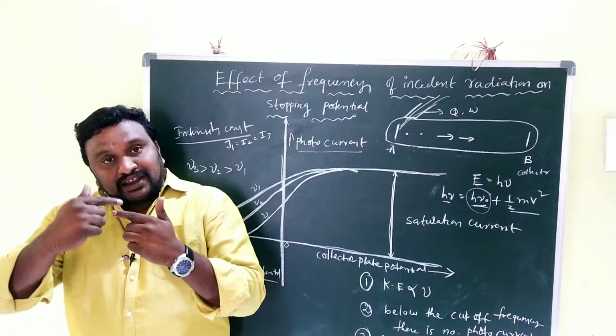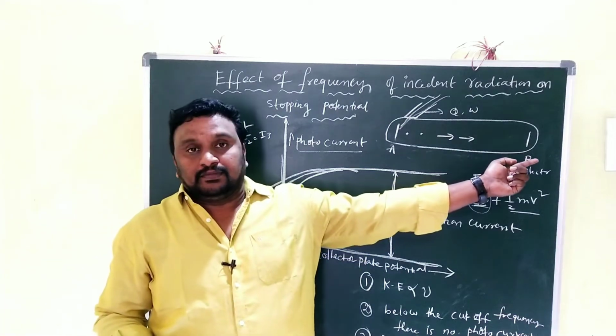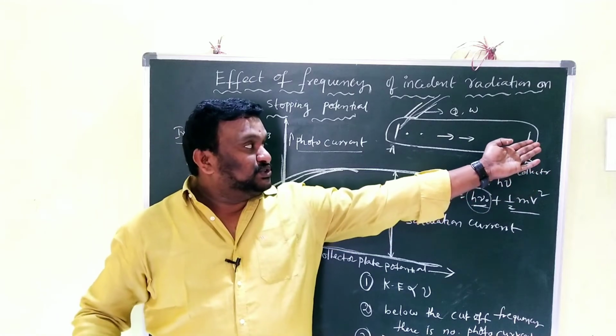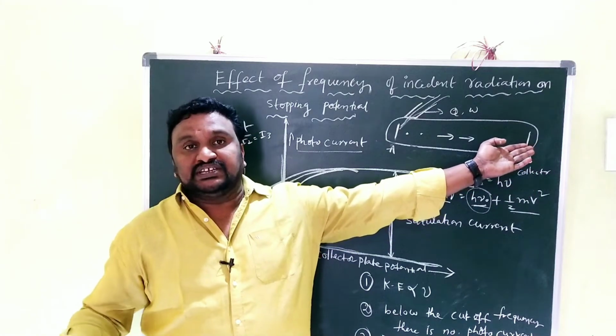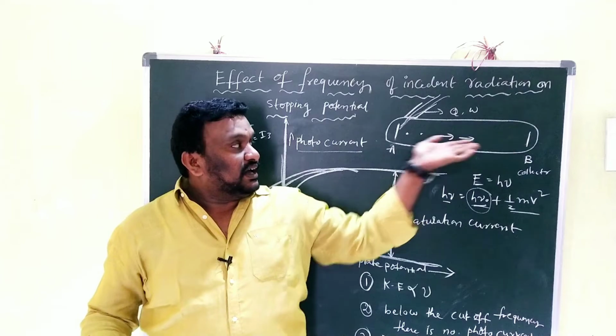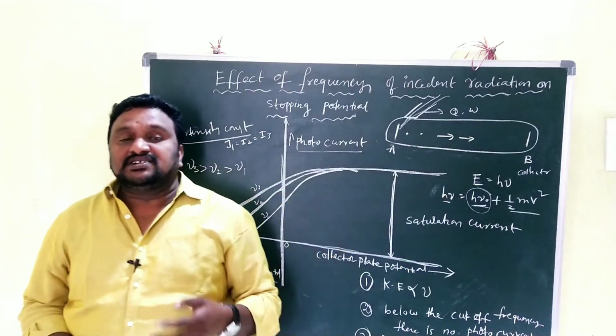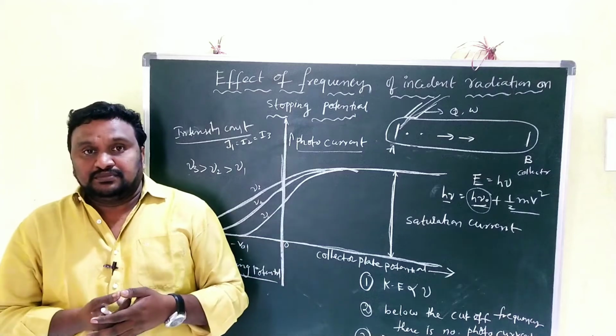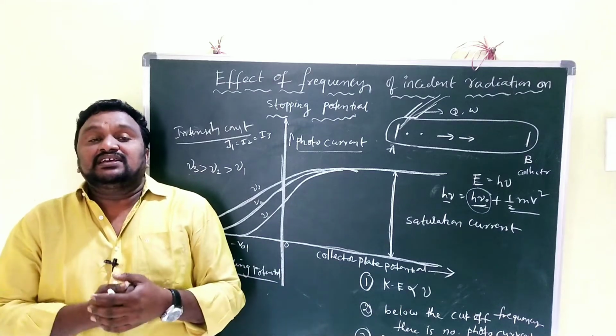When the potential of B is increased, it will collect more electrons. Electron charge is negative and B charge is positive.